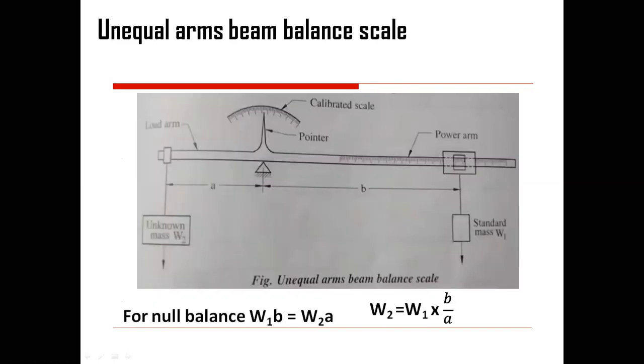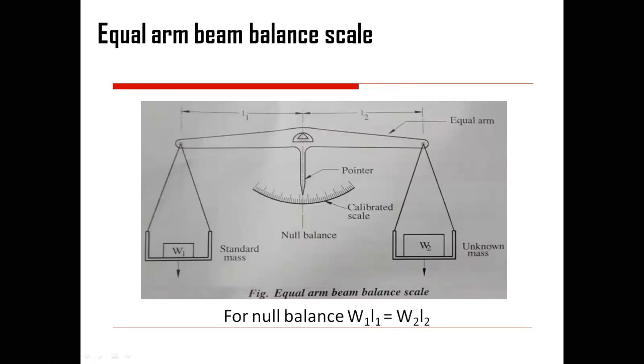So if you try to visualize an equal arm type of measurement, this is the force that has been exerted. So weight W1, weight W2, and when weight W1 is equal to weight W2, at that time the scale provides you a null deflection on the pointer.